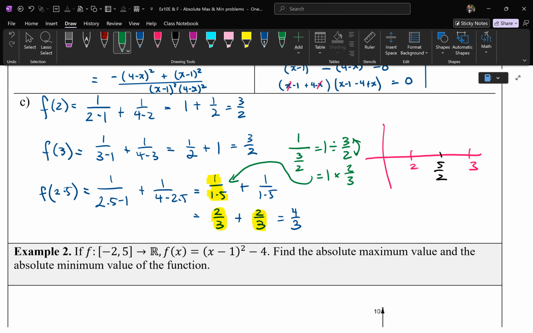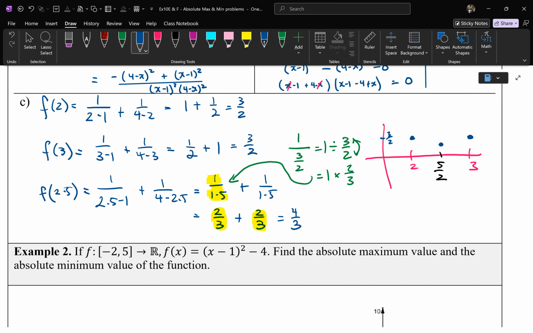2/3 plus 2/3 is 4/3. So now if you put it into this diagram, at 2, I get 3 on 2, so the y value is 1.5. 3 is also the same. And 4/3 is about 1 1/3, so 1.33, roughly. So it must be less than 3 on 2, somewhere here.